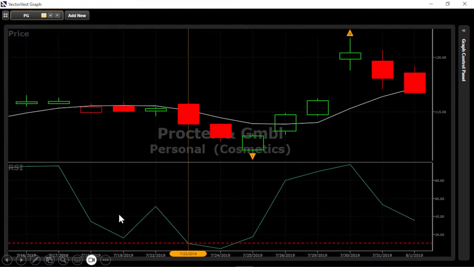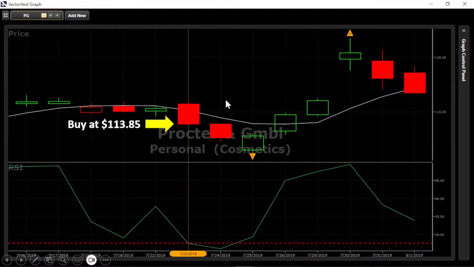So we're noticing that near the close of the session on July 23rd of 2019, and we're going to get in. We're going to put a market order in and buy near the close of that day at right around 113.85. Now, I don't know what the price was at 3:55 p.m. Eastern time on July 23rd, 2019. So for the purposes of my examples here, I'm just going to use the closing price of the day. 113.85 was roughly our cost basis.